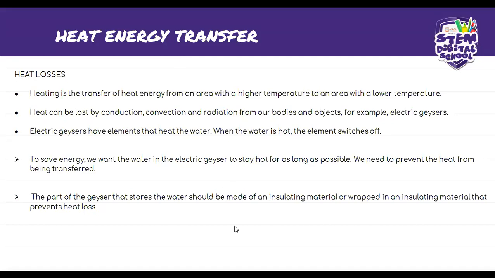Okay, so as I was saying, we have some appliances like an electric geyser that has an element that heats the water. When the geyser is heating the water, and the water becomes hot, the element that was inside switches off automatically. It's just like if you have an electric heater.